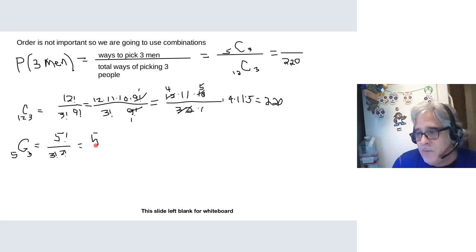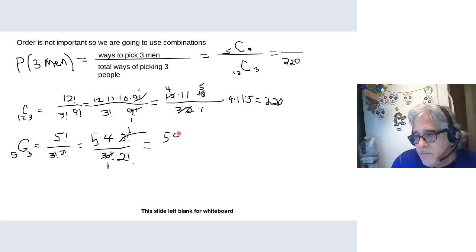It'll work out if you do it either way. So 3 factorial over 3 factorial is 1. And 2 factorial is just 2 times 1, so that's just 2. So 2 goes into 4 twice, and 5 times 2 is 10.